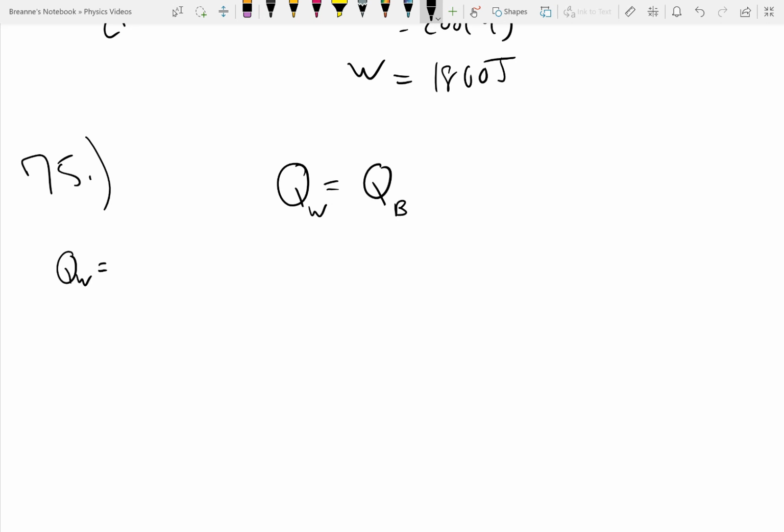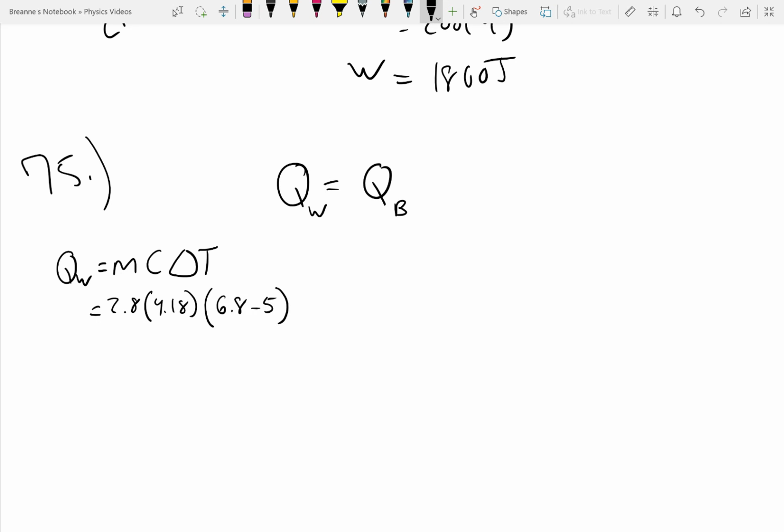For your thermal energy of water, you'll just do your mc delta T equation. Your mass of water is 2.8, your specific heat of water is 4.18, and remember, your change in temperature is final minus initial.